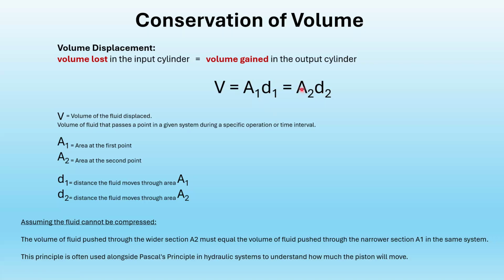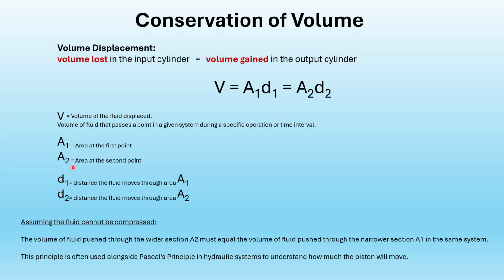If you have a bigger area, then the distance is going to be smaller in order to keep that equal sign. Right? So volume of the fluid displaced goes by the V designation.